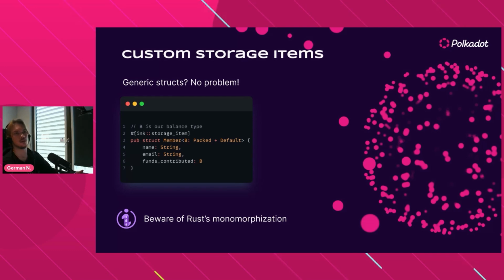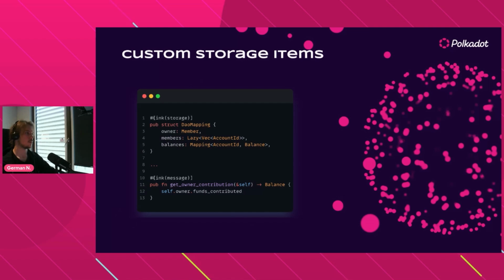That means that you're going to have as many definitions of member in the final generated bundle as the number of generic arguments you used, which essentially can bloat the contract size, which is something you need to be aware of and consider when using generic structs in your storage.